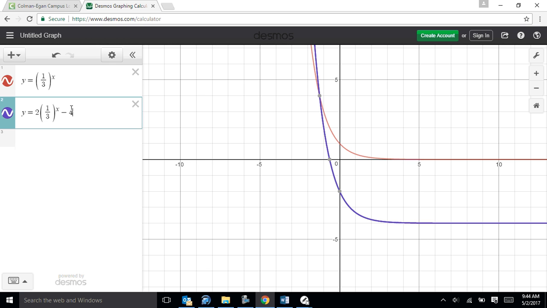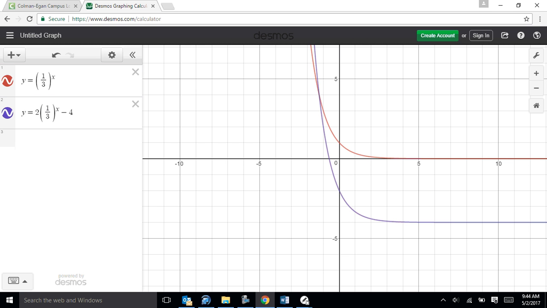And so we have this point here, we have our 0, 1, and then we're going to multiply that by 2. We're not moving left or right, so then we multiply by 2. So we have 1, that would give us 2, but then we're moving down 4. So from 2, 1, 2, 3, 4.